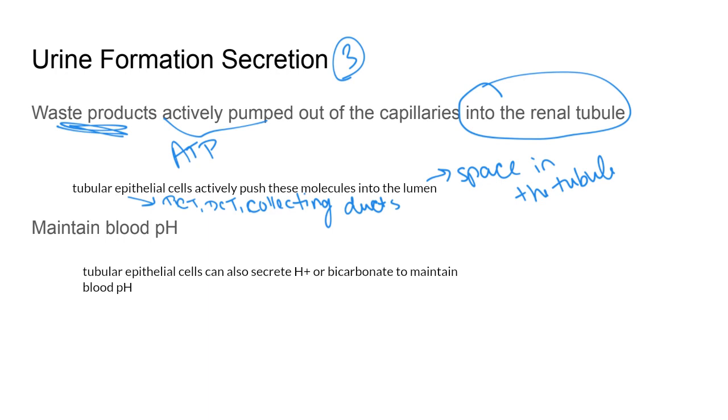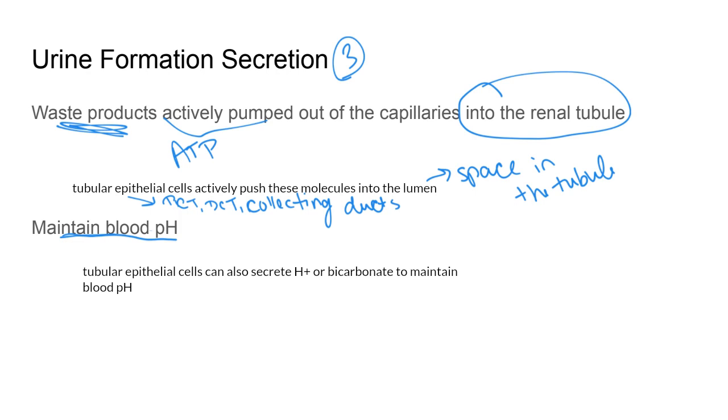During secretion is also where our kidneys can help maintain our blood pH. Blood pH is normally maintained around 7.4. The kidneys can help maintain that by secreting hydrogen ions or bicarbonate.